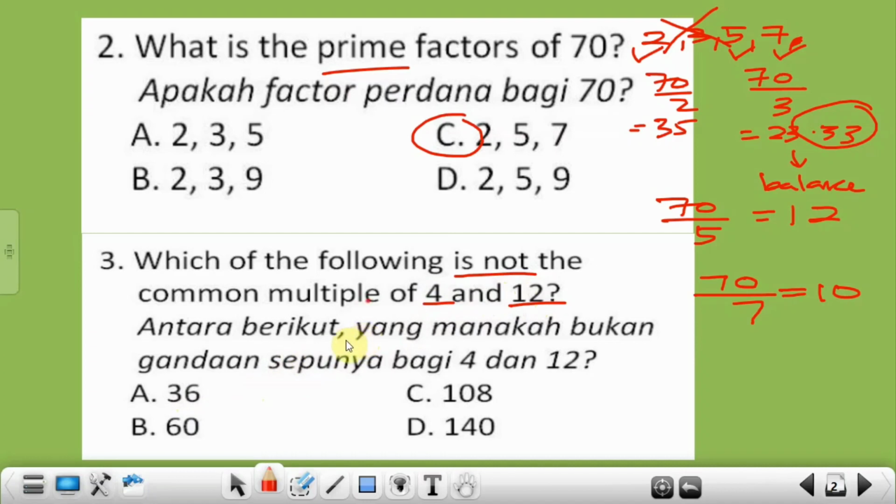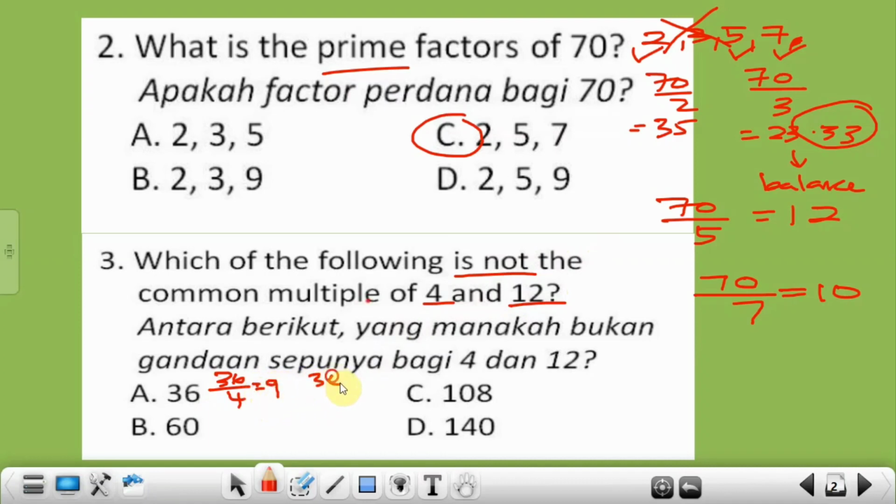If you can get a whole number, nombor bulat, then it is a common multiple. If you cannot get the whole number, it is not a common multiple. So we try one by one. 36 divided by 4, do we get a whole number? Yes, this is 9.